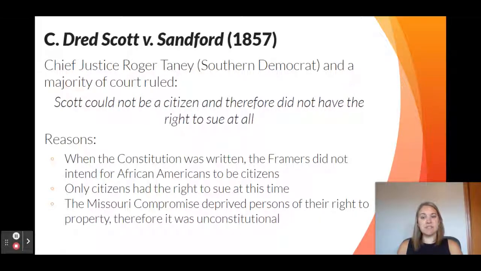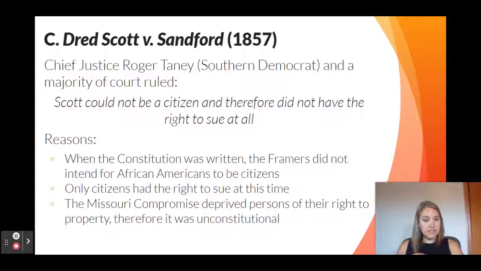So what happens is Chief Justice Roger Taney, with a majority of the court, ruled that Scott could not be a citizen and therefore did not have the right to sue at all. And the reason for this decision was that the court decided when the Constitution was written, the framers did not intend for African Americans to be citizens, and only citizens had the right to sue.